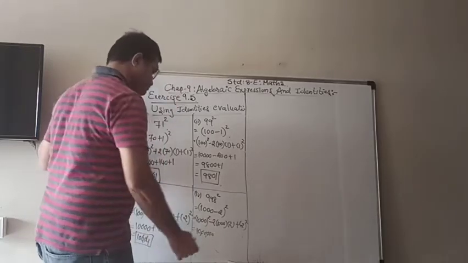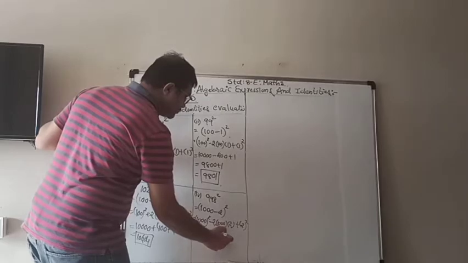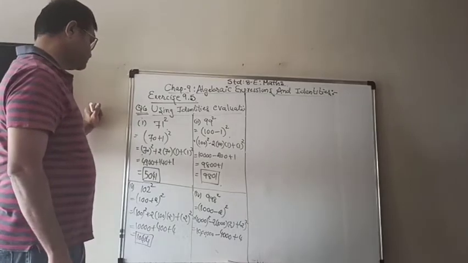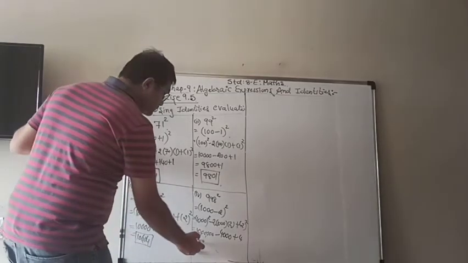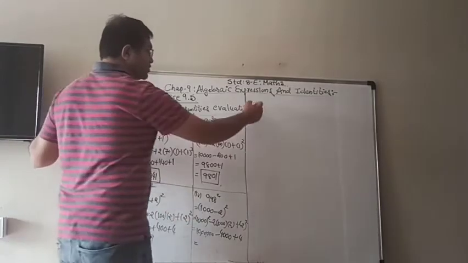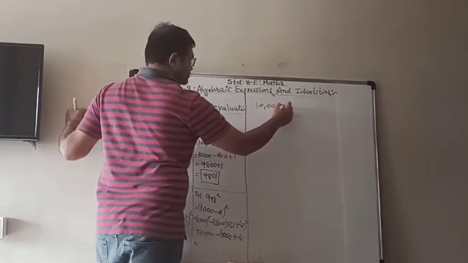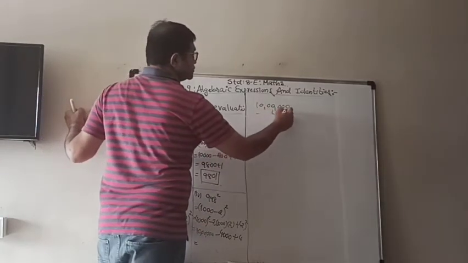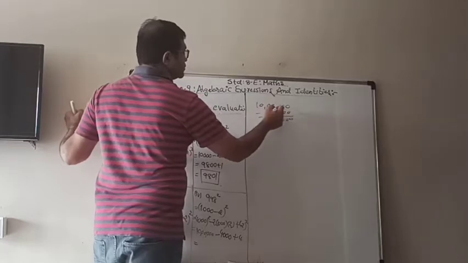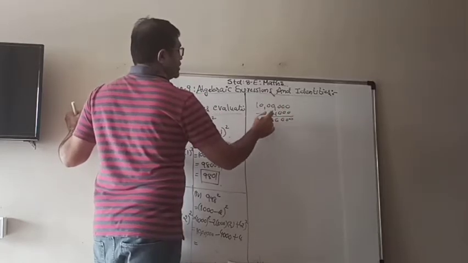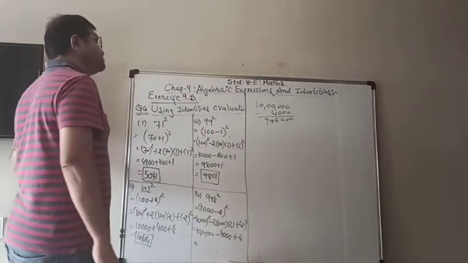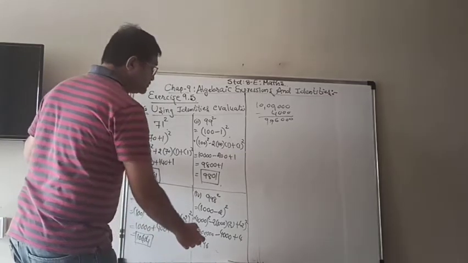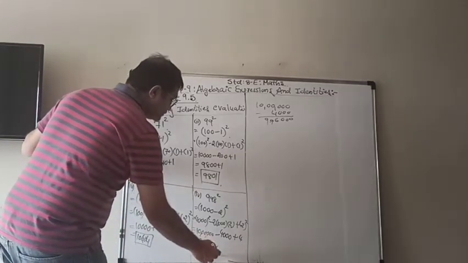So 10 lakh minus 4000 plus 2 square is 4. If you can't do it directly, you can do it like that also in the rough. 10 lakh minus 4000. So 9,96,000 plus 4. So 9,96,004.